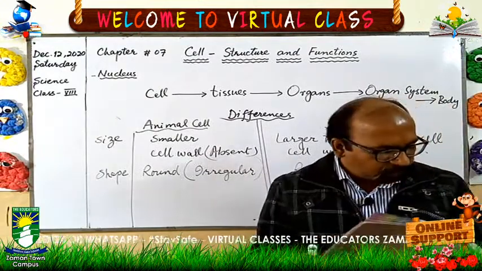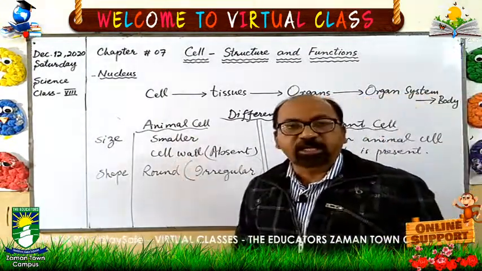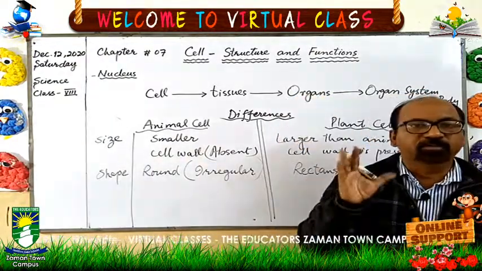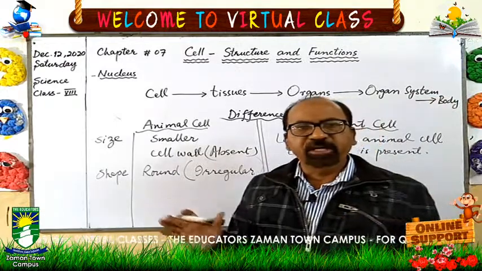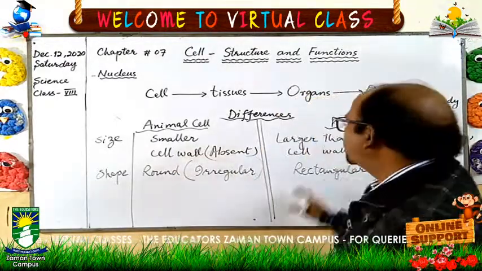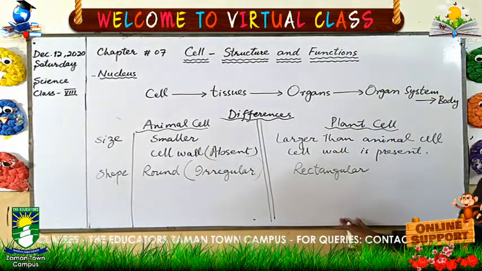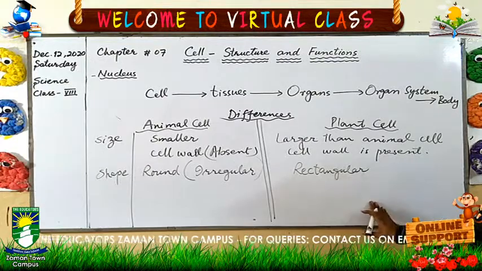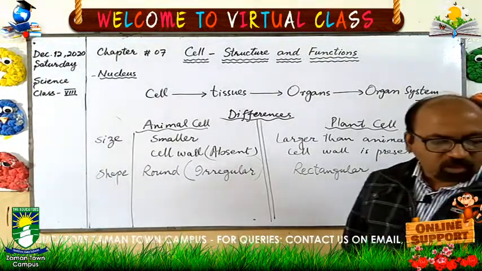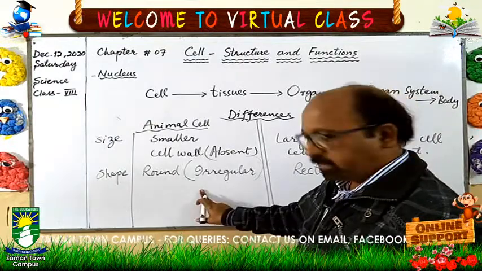Okay, so vacuoles. In animal cell, a number of vacuoles are present. They are temporary, not permanent, and more in number. But in the plant cell, one big sap vacuole is present, and it is permanent. Next is the Golgi apparatus. In the animal cell, the Golgi apparatus is present near the nucleus.